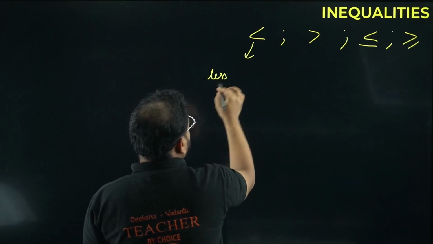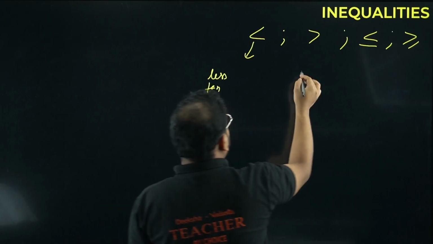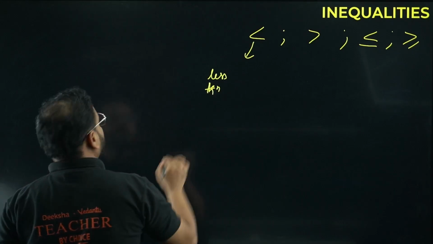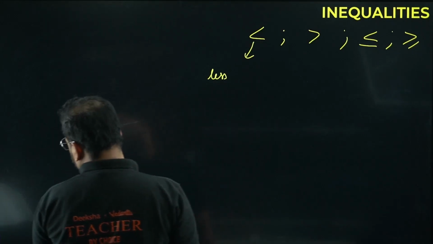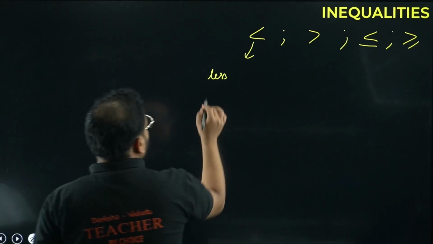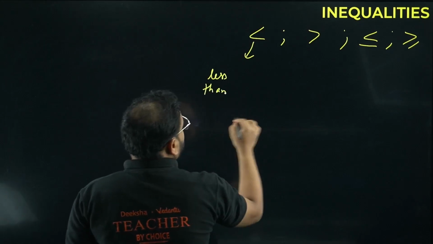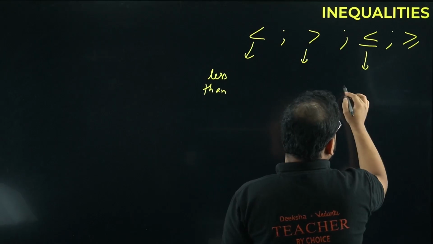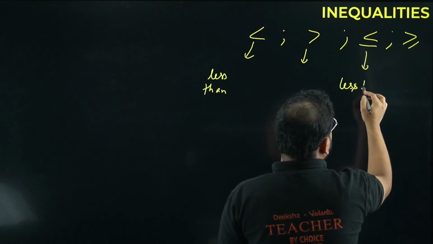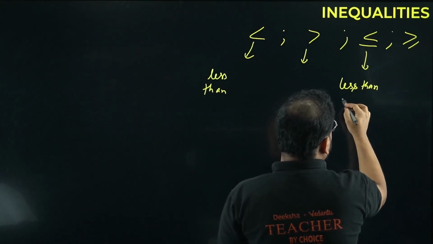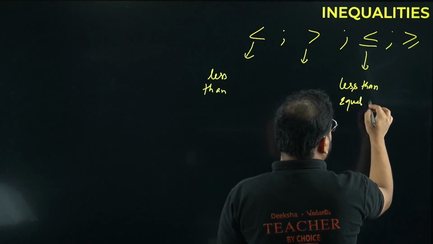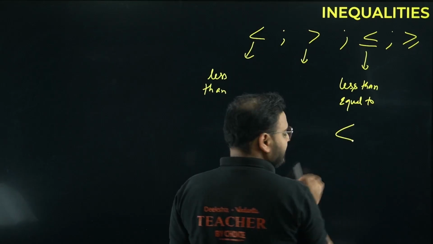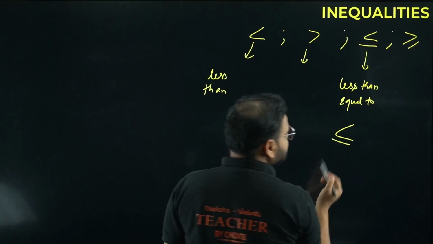So less than we write for this part. Similarly, for the second one we call it greater than, and for this part we write less than or equal to. It means we have equality also present in this. If you look very carefully, we have less than, but we also have this sign which represents equal to.